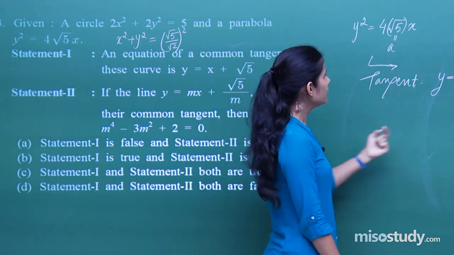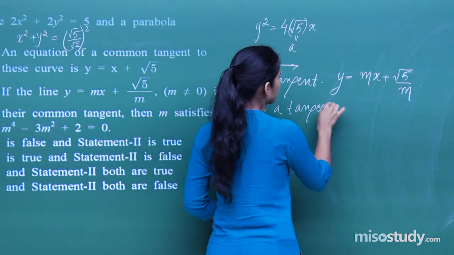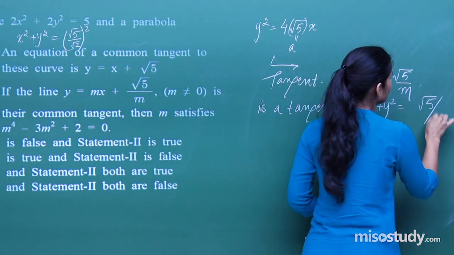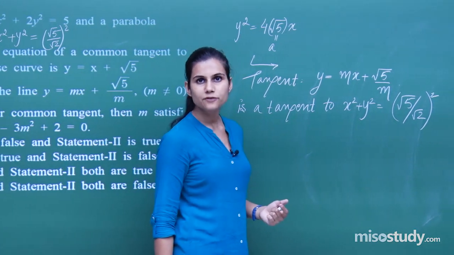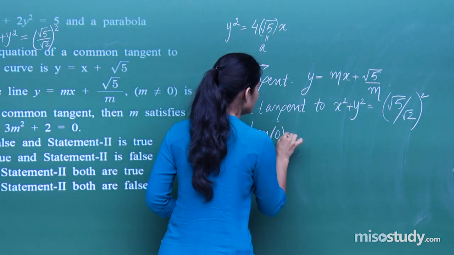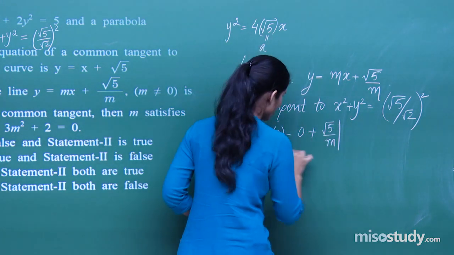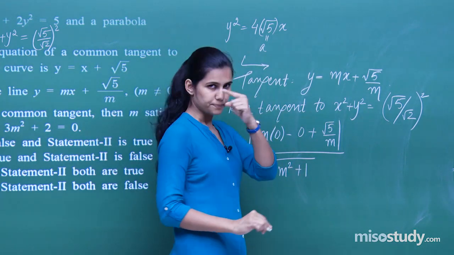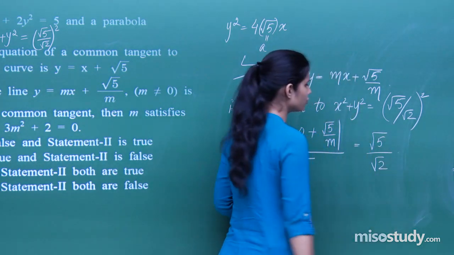And therefore, for this line to be a tangent to the circle x square plus y square equals (√5 by √2) whole square, what should happen is perpendicular distance of this line from the center should be equal to the radius. That means mod of m into 0 minus y, so 0 plus √5 by m whole upon under root m square plus 1. Right? This should be equal to √5 by √2.